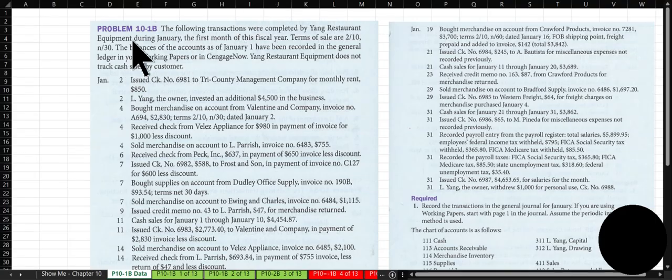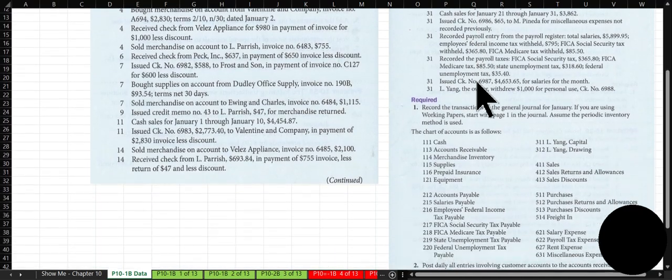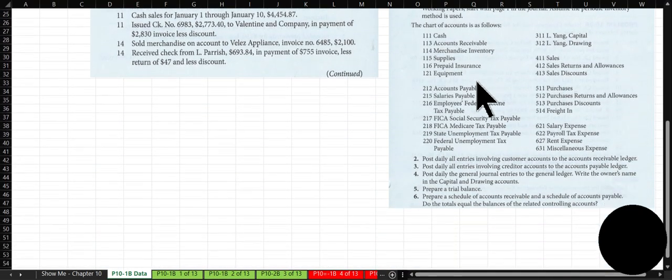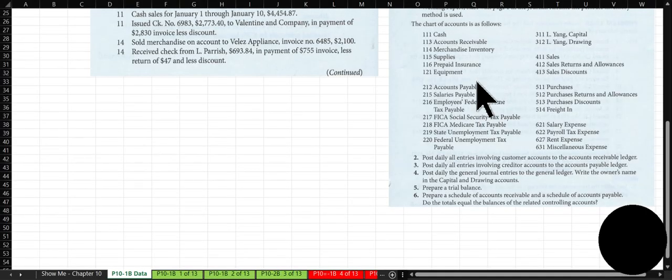This is problem 10.1b, which is similar to the one that would have been assigned to you from chapter 10. But take a look, before we get into what the problem requires, at an example of a chart of accounts. You can see that in this particular chart of accounts, all assets begin with the number 1.